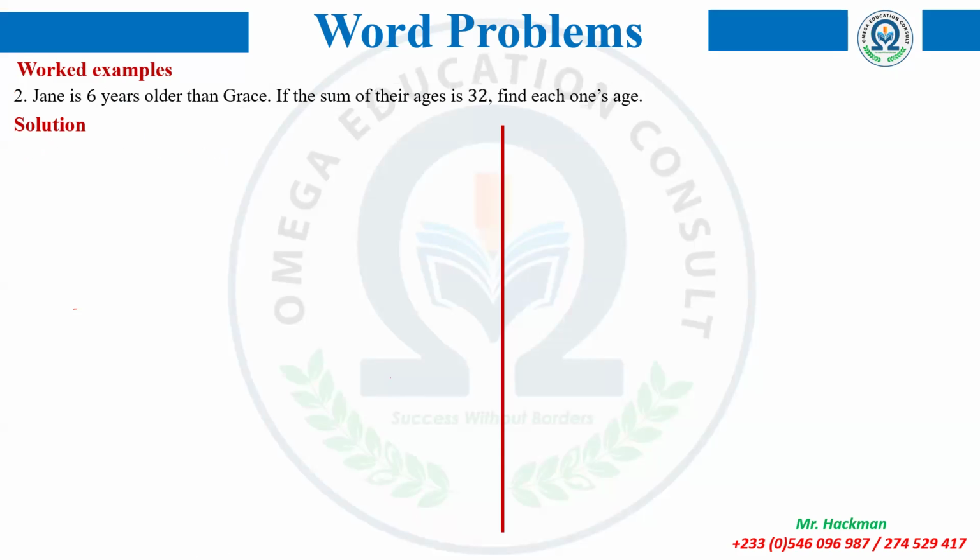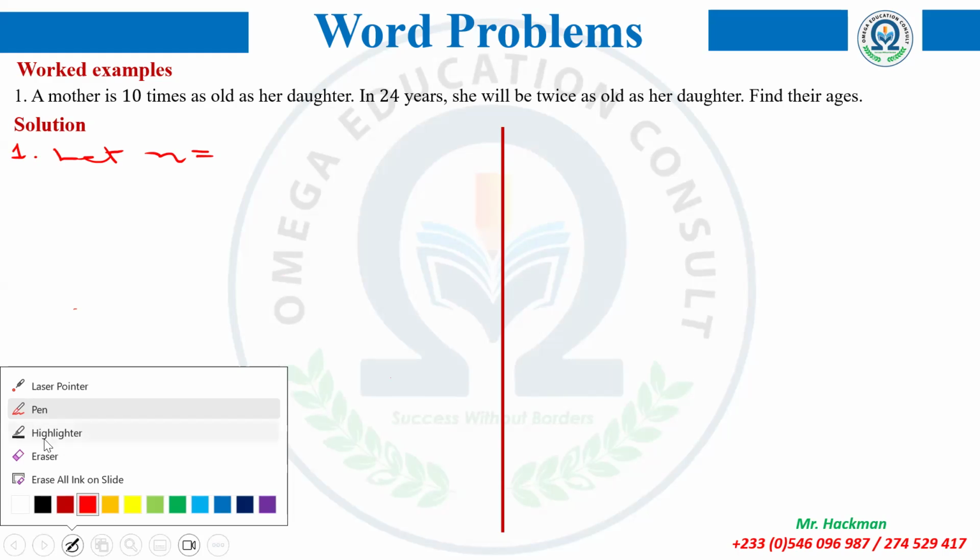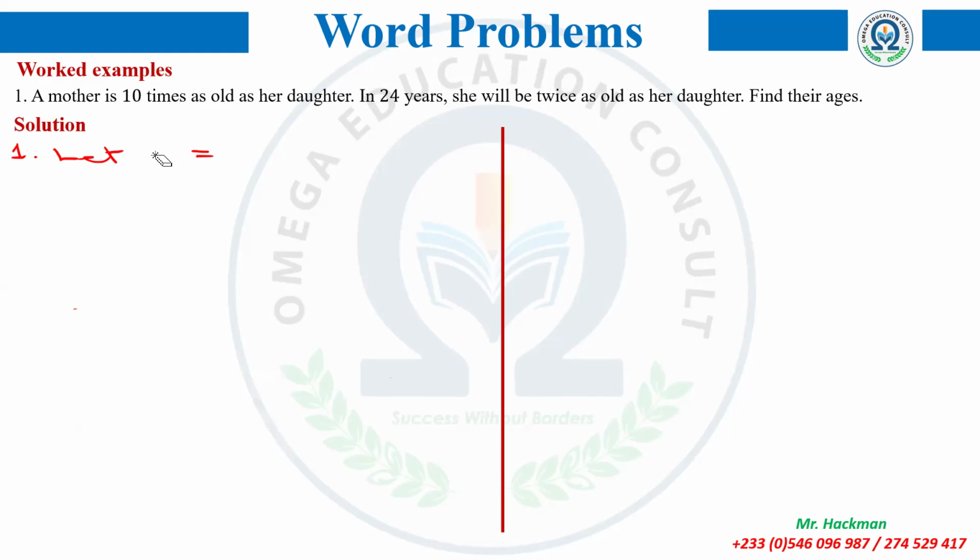Very good. So if that's the case, then I'll let X be equal to the daughter's age. Let me present it this way rather, so that you know that at least you can vary your representation.